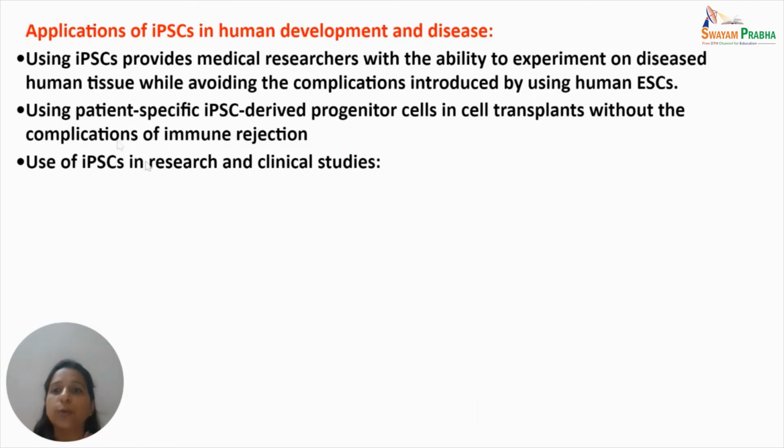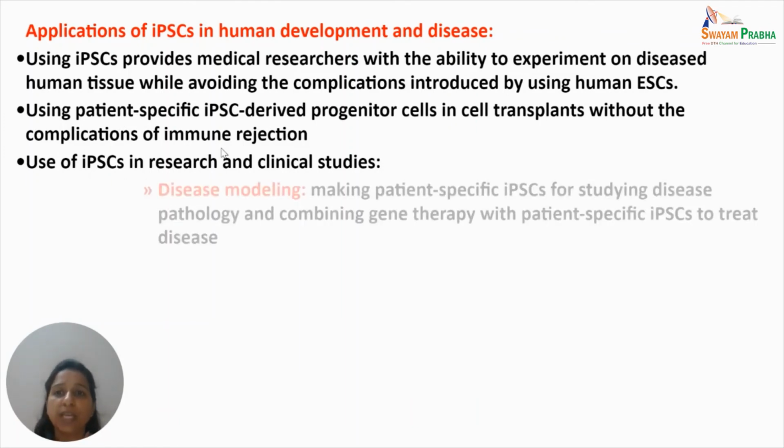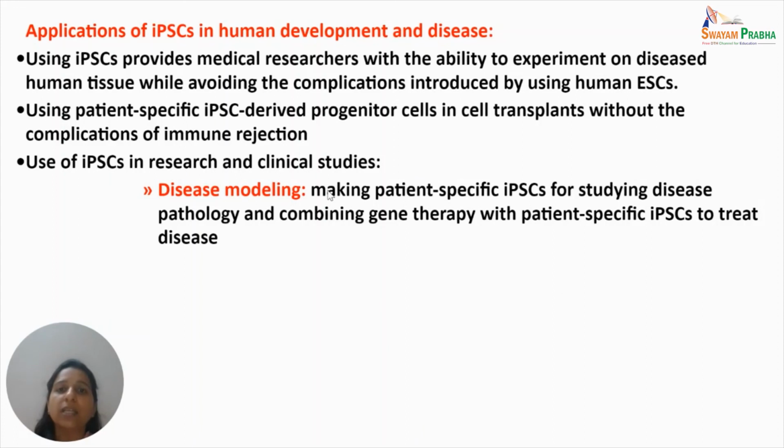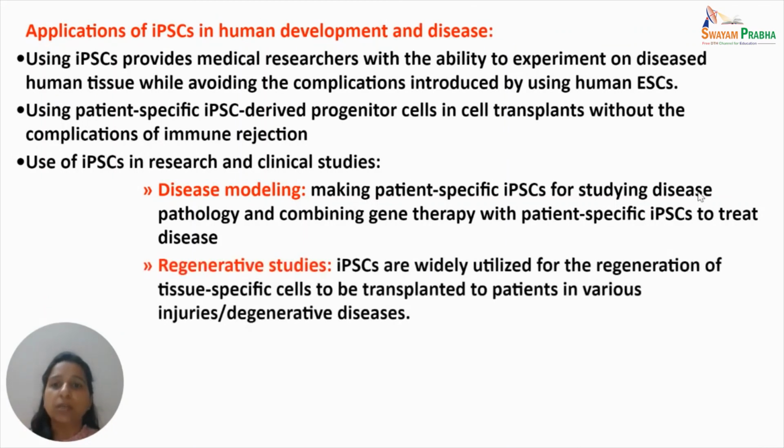And these induced pluripotent stem cells have found applications in disease modeling, that is making patient-specific induced pluripotent stem cells for studying disease pathology and combining gene therapy with patient-specific induced pluripotent stem cells so as to treat a particular disease.